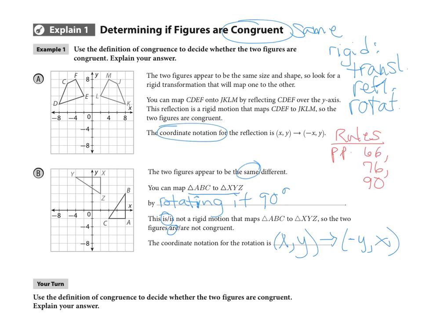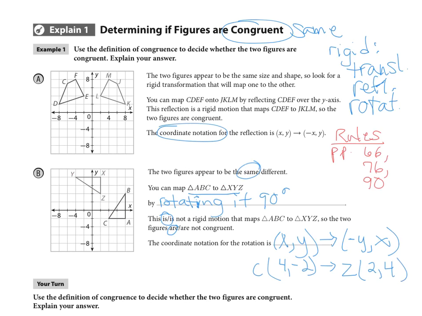Let's just double check that really quickly. If we take one point, let's say point C here, which is (4, -2) to begin with, C gets mapped, as we said, to Z, which is the point (2, 4).